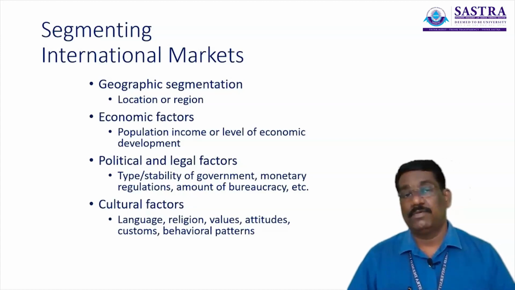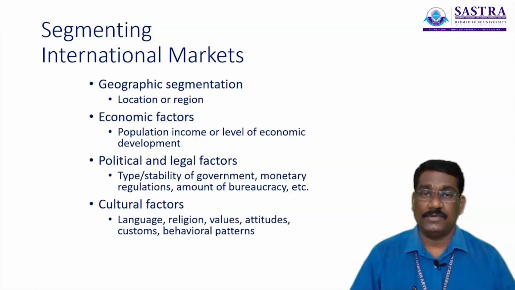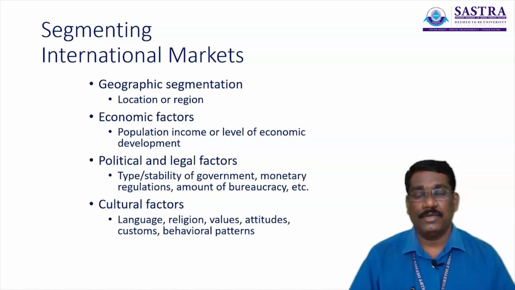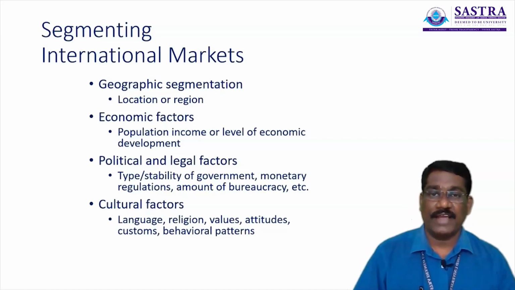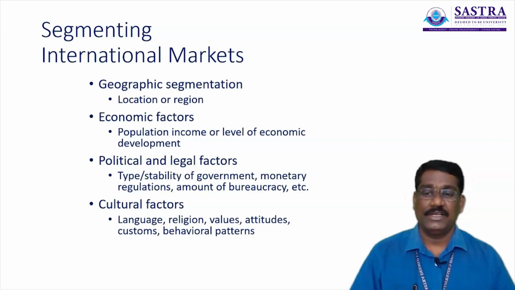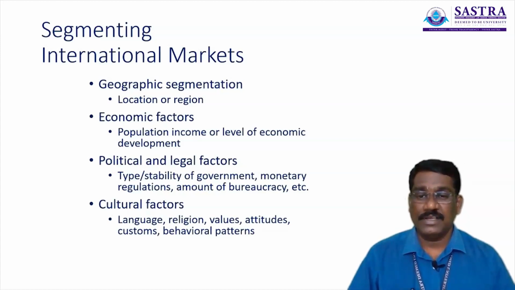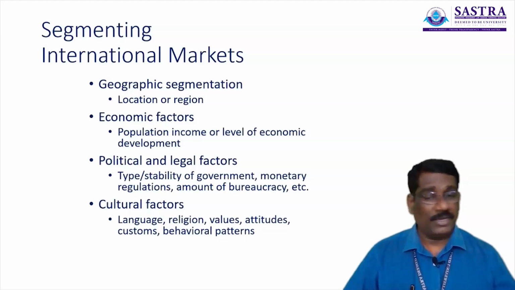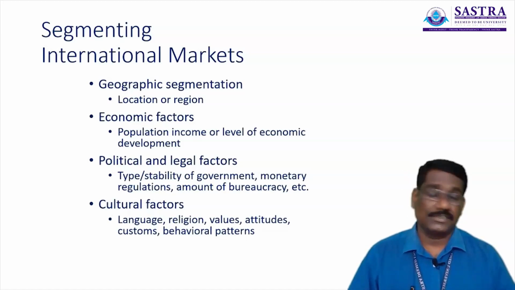You need to understand what kind of language, like when you go to China, they speak Cantonese and Mandarin. So when you serve that market, you cannot put your packaging labeling in English. You need to use Cantonese or Mandarin, the Chinese language, and consider what kind of religion you are serving, what kind of values and attitudes they possess, customs, and their behavioral patterns, because each international market is totally different.